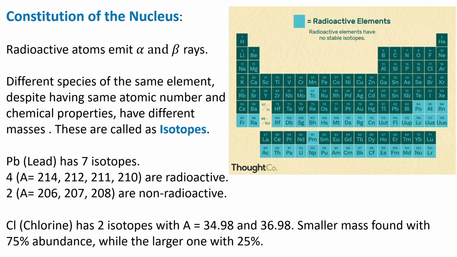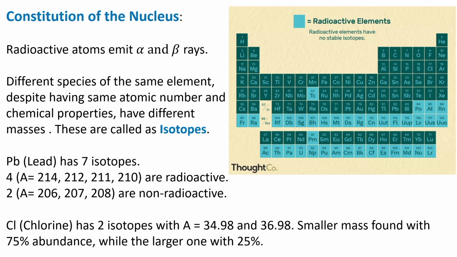For example, lead has 7 isotopes, 4 of them are radioactive with mass numbers 214, 212, 211 and 210. These are radioactive, whereas these 3 that you see, 206, 207 and 208, are non-radioactive. There are many other examples, we are only quoting a few of them.